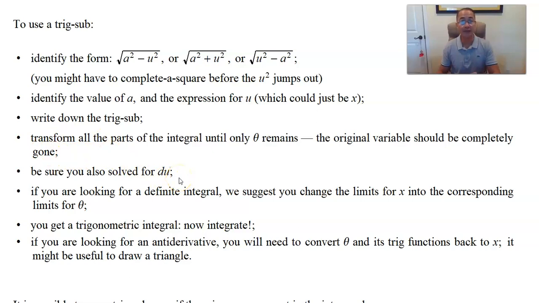Never ever forget the differential. If you're looking for a definite integral, I strongly recommend that you also change the limits of the integral. We've done that before in u sub, change the x values to u values. This time you need to change the x values into theta values.